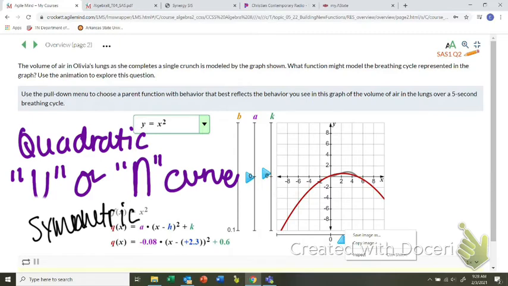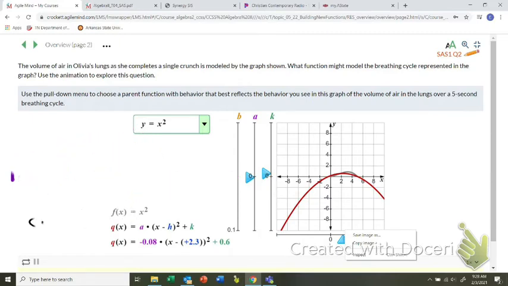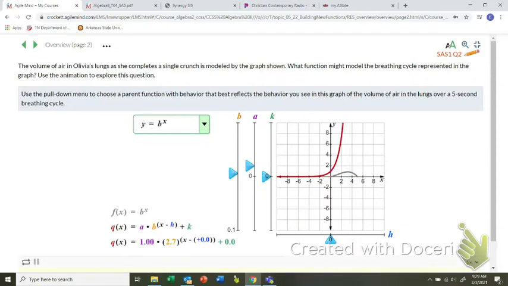And then the last one we look at is exponential. And if you look at exponential, you'll see that it always increases or it's always decreasing. So that cannot really fit the graph of the breathing cycle. So our best option here would be quadratic. So just make note, breathing cycle would best be quadratic, okay?